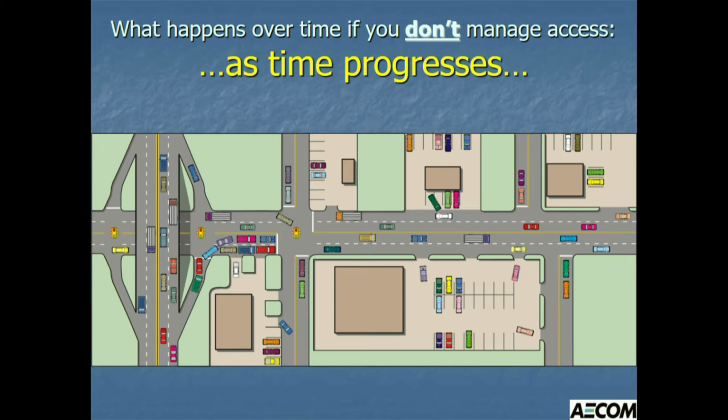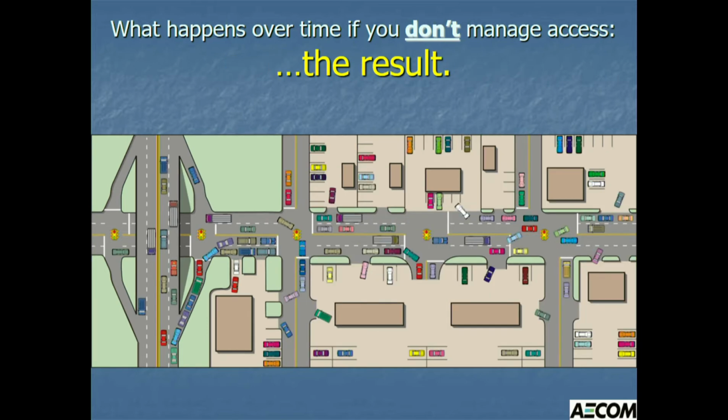But here you see what starts to happen as more development goes in, with very limited, if any, access management. An open access here like we saw before, 3 driveways where maybe 1 would be sufficient. Volumes are picking up, more signals are going in, 3 signals within a very short distance of one another. And then it gets compounded.